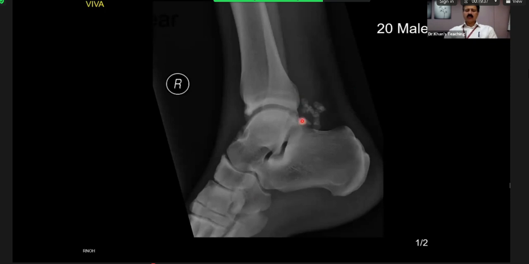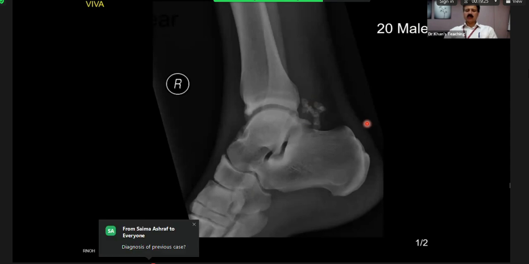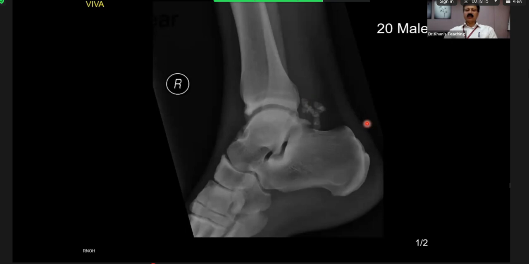Now, what is happening here is, this is synovial chondromatosis. What happens in synovial chondromatosis is that there is metaplasia of the synovium. So there is cartilaginous change in the synovium, and then it gets calcified and it can divide into hundreds of pieces, and it can then go into the joint space.